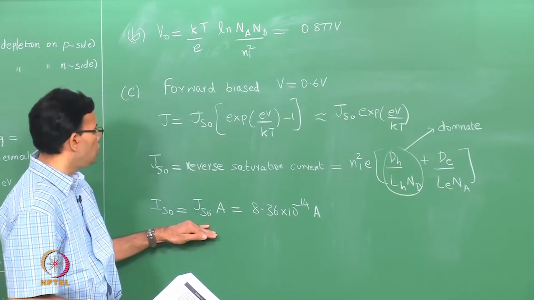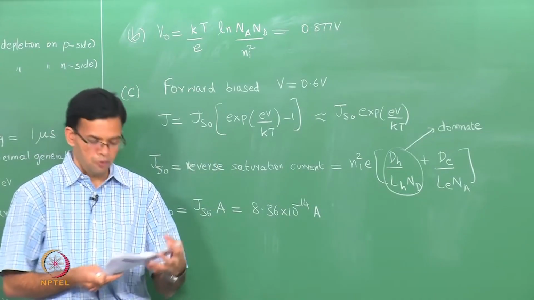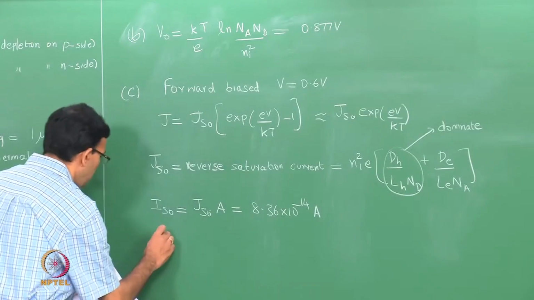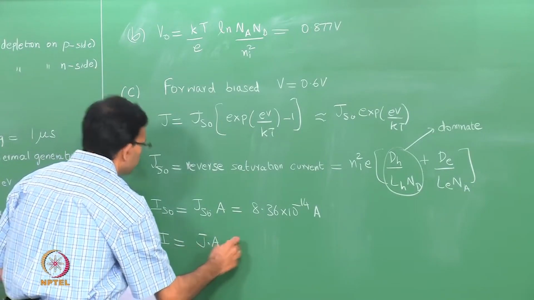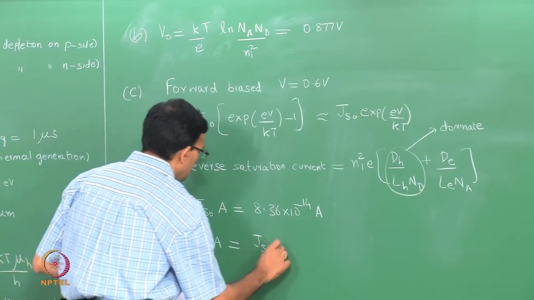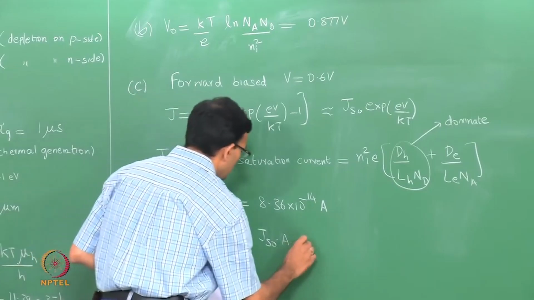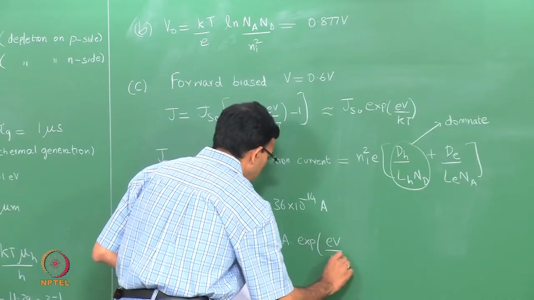Once you know Is naught or Js naught, you can calculate the current during forward bias. So, I is nothing but J times A, which is Js naught times A times exponential eV over kT.